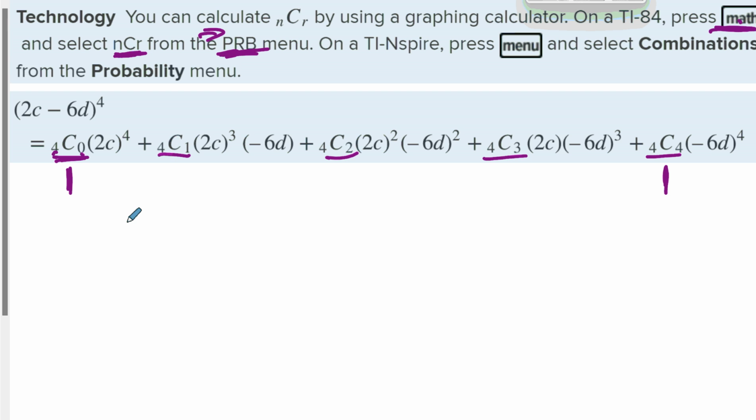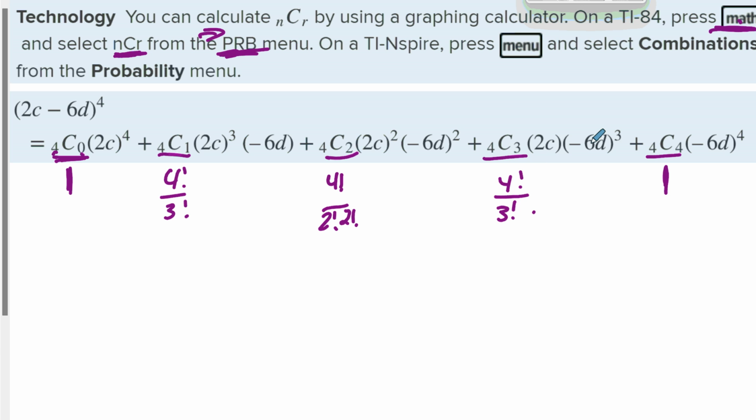But for these other ones, if you use the formula, it would be 4 factorial over 2 factorial, 2 factorial. This one would be 4 factorial over 3 factorial, 1 factorial, which is just 1.